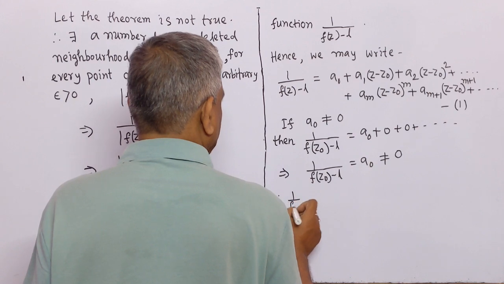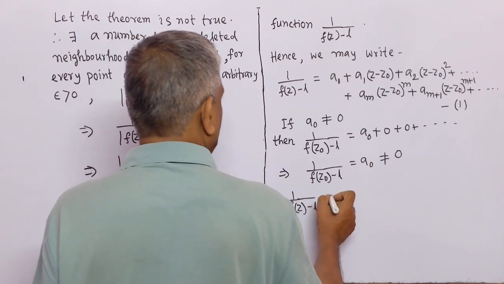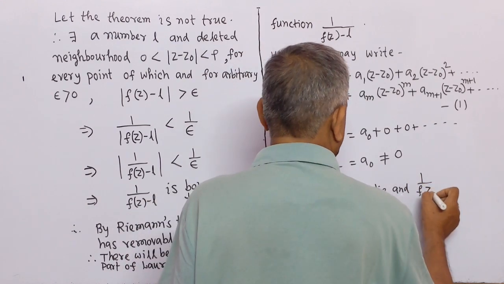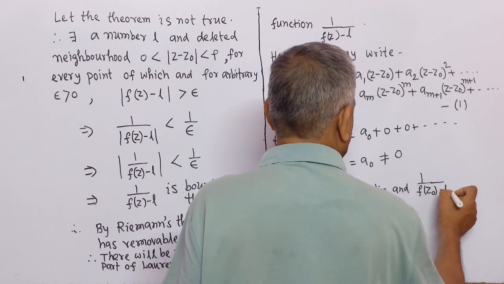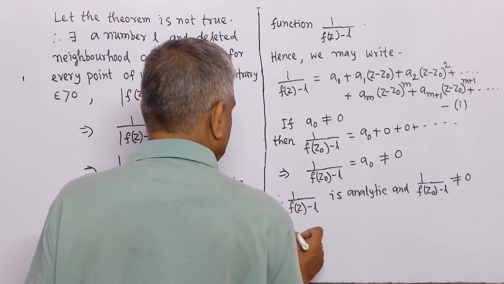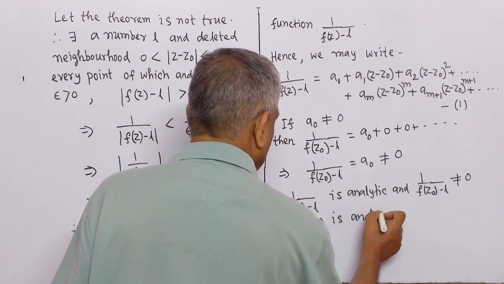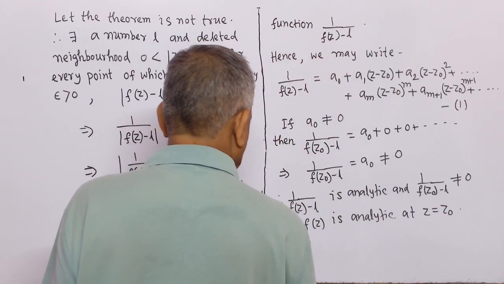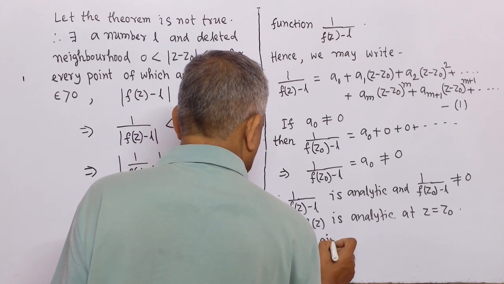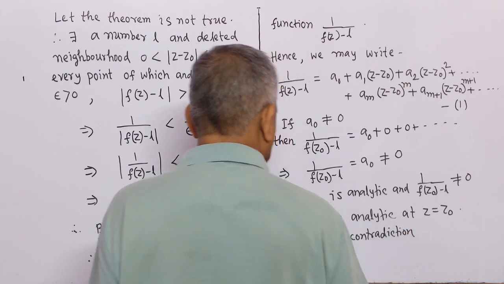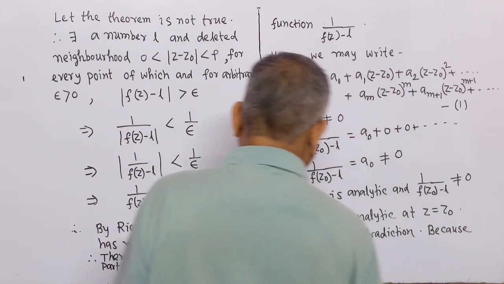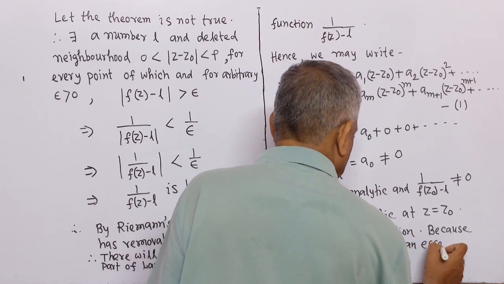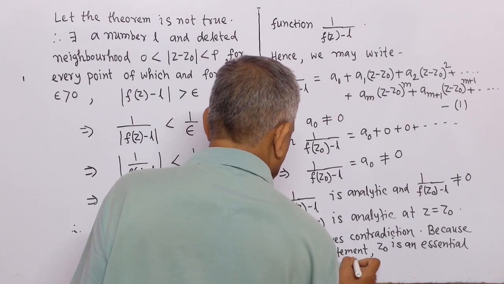Therefore, 1 by (f(z) minus L) is analytic and 1 by (f(z naught) minus L) not equal to 0 implies that f(z) is analytic at z equal to z naught, which gives contradiction because as per statement z naught is an essential singularity of f(z).